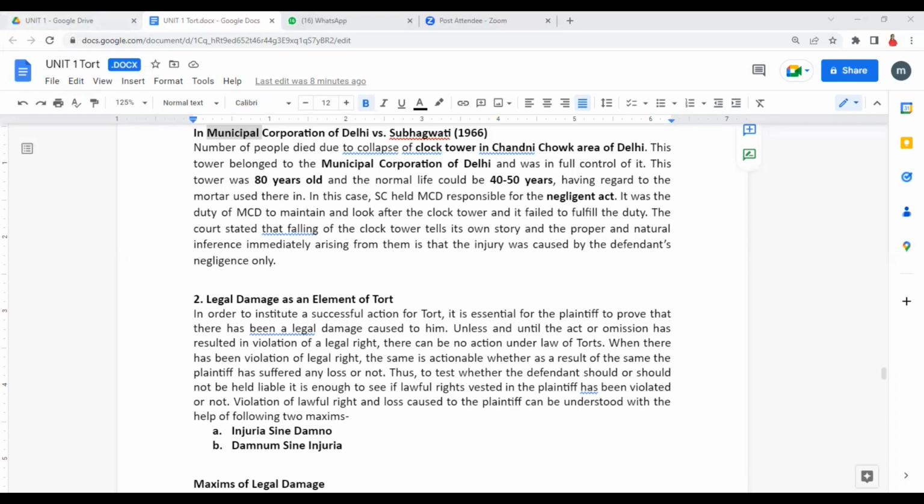Yeah, clear, ma'am. Right now you said occupational liability, right? Sorry? Right now you told a term occupational liability. Yeah. Okay. Occupier's liability, as in whoever is occupying a certain premises, that person is having a responsibility.